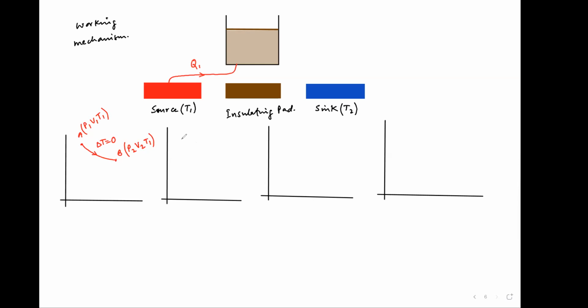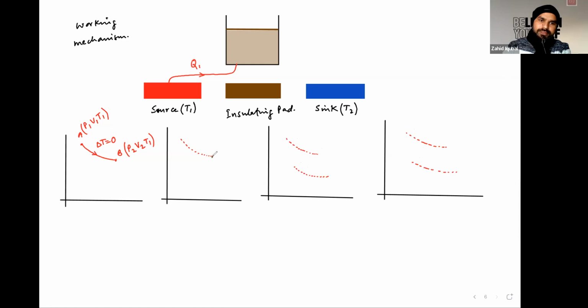Yes, sir. At this point, when it has reached this insulating pad, there is no exchange of heat between these two different systems.